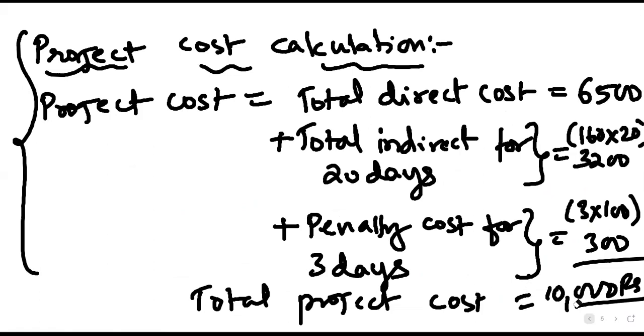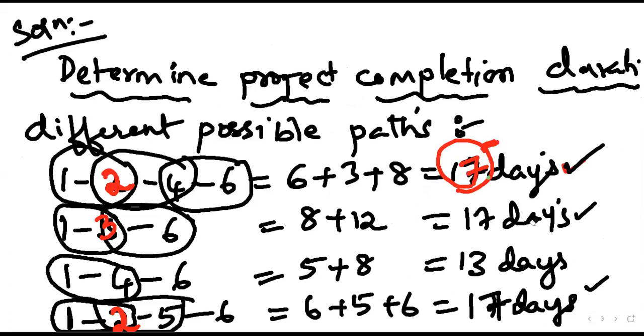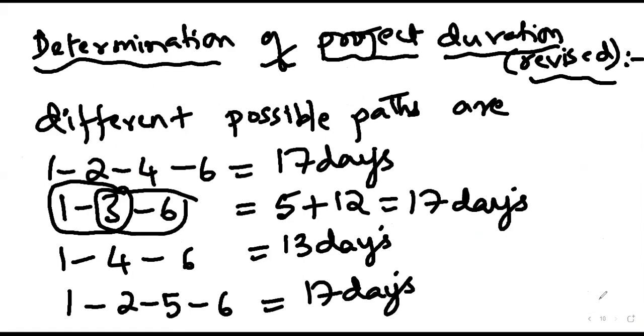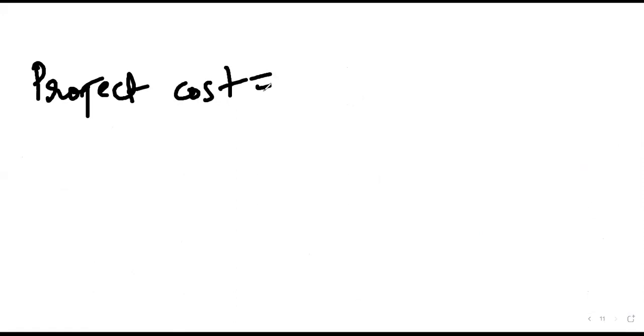Okay, what was our last calculation? 17 days. So for this, we will calculate the project cost and then we will finish. Project cost is equal to total direct cost.